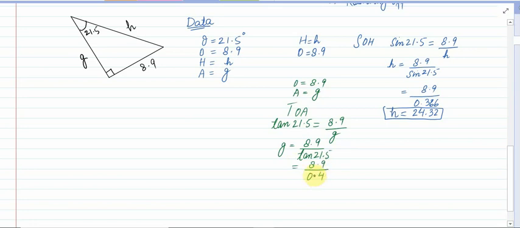Now the actual value is 0.39, but I am applying rounding off rules as well. So 8.9 divided by 0.4, it's 22.25. So g is 22.25 centimeter, right? And you can verify your answer by using Pythagoras theorem.